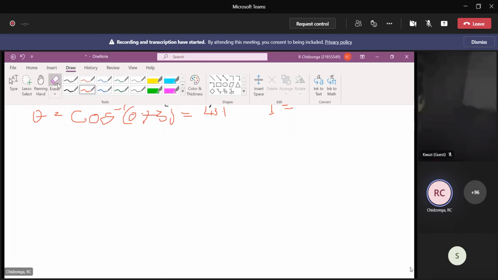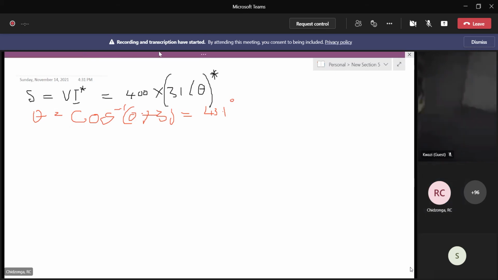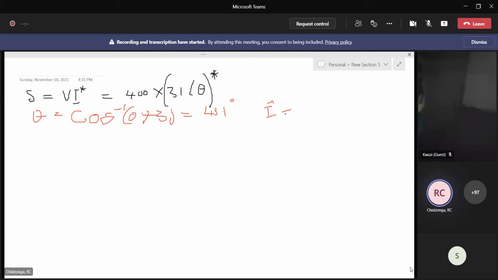So now the current in phasor form is 31 angle. Remember, this is an inductive load, so the angle is negative. It's minus 43.1 degrees amps. You see, it's lagging. The sign here is negative for the angle.